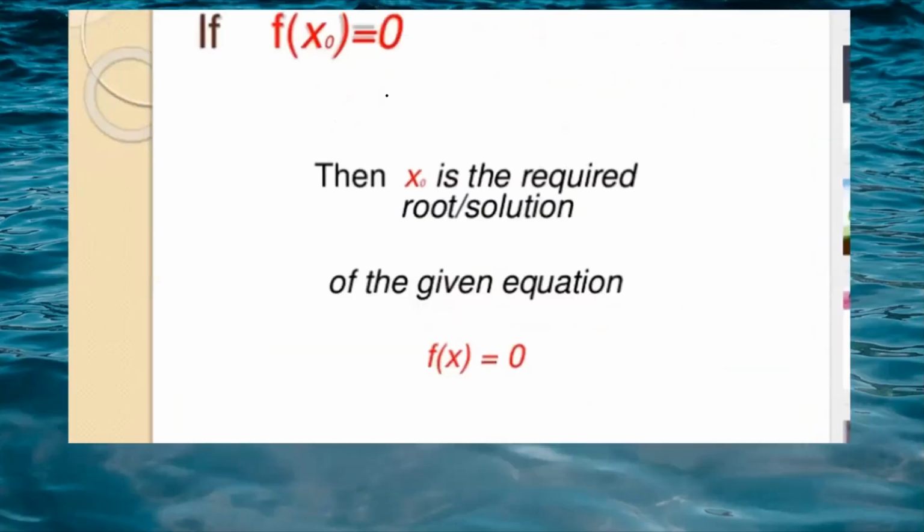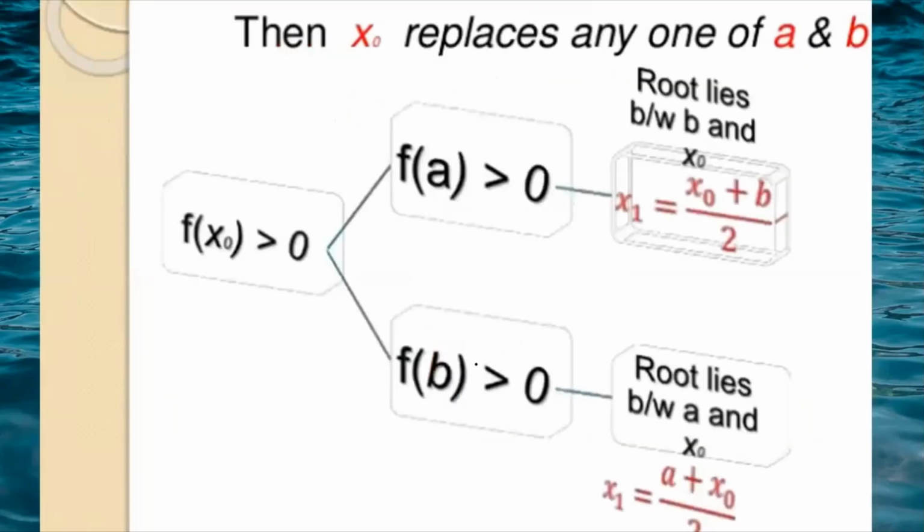See, if f of x naught is 0, then x naught is the required root of your given equation f of x is equal to 0. Suppose f of x naught is greater than 0. Three cases I told you. If it is 0, then that is the root.